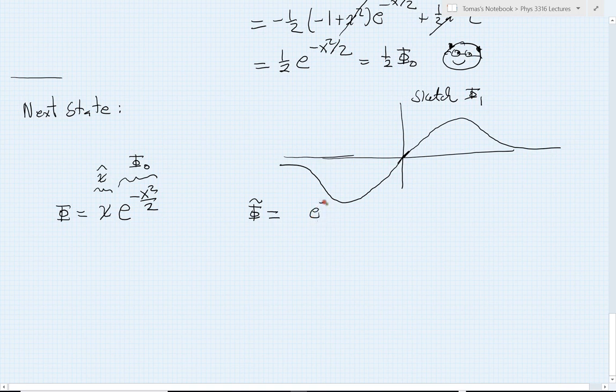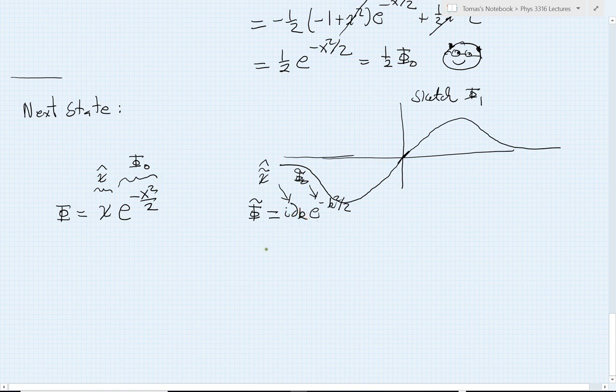So the corresponding function in momentum space would be the original momentum space wave function, which is e to the minus k squared divided by 2. That's the phi tilde naught. And then what I would apply to it would be the momentum representation of the x operator, and that will give me the momentum representation of this function. The momentum representation of the x operator is i times d by dk.